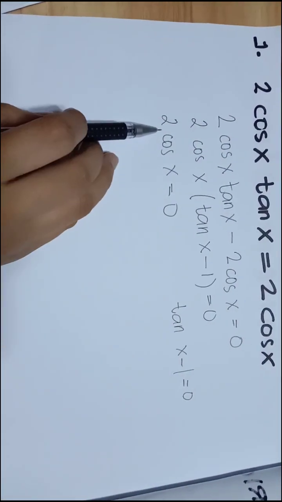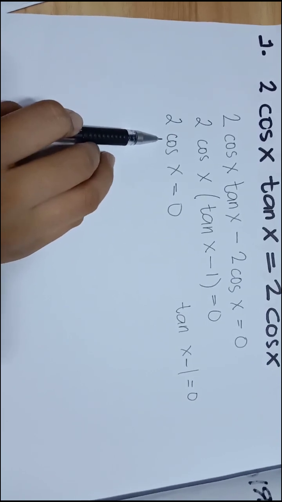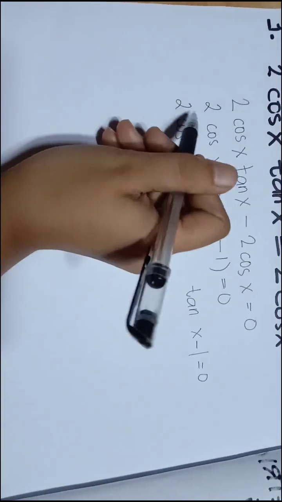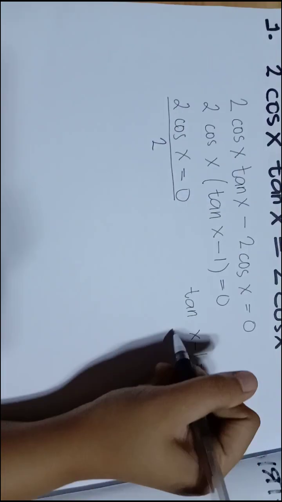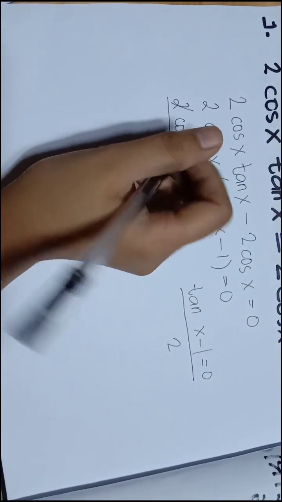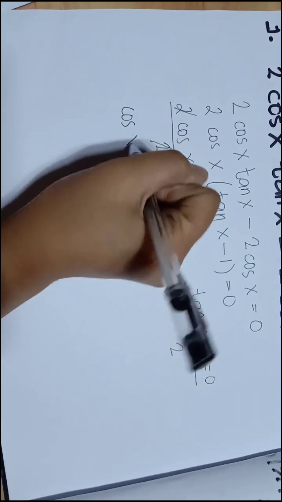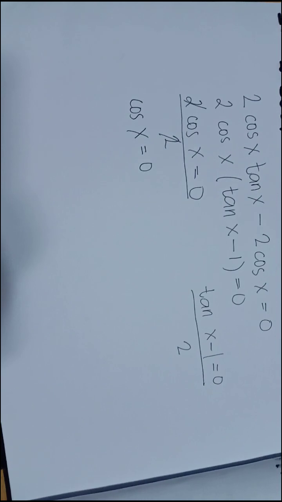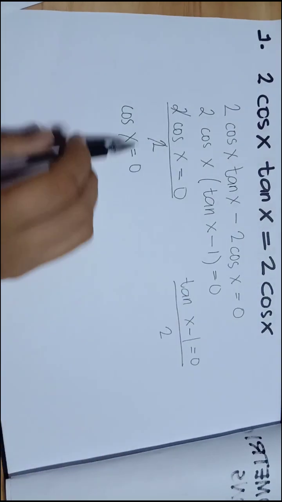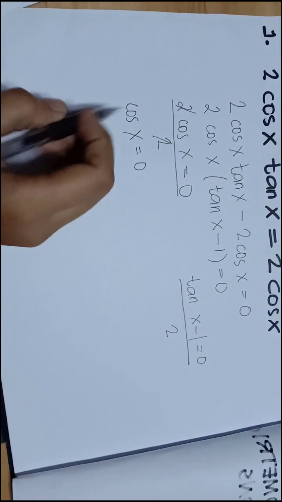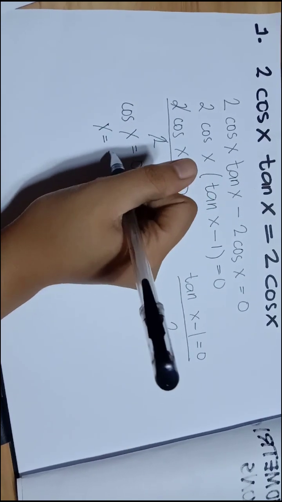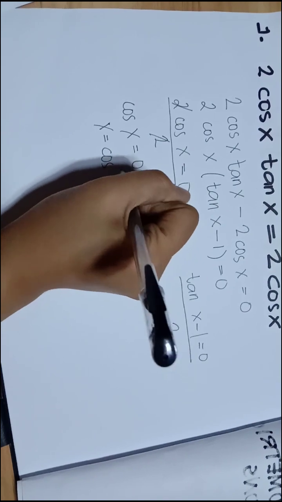Let's solve this one first. We need to divide both sides by 2. Here the 2 cancels out. So, cosecant x is equal to 0. Now the value of x is x equals arc cosecant of 0.